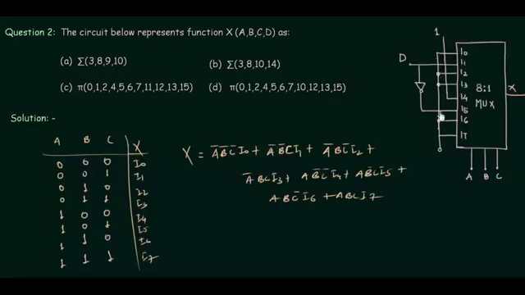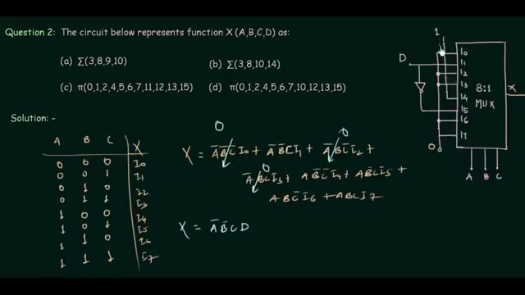So I0 is 0, you can see from here, so this will be 0. I1, you can see, is equal to D. So I'm having A complement B complement C D, and I2 is also equal to 0, so this will be 0. I3 is 0.